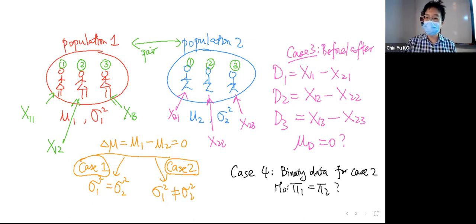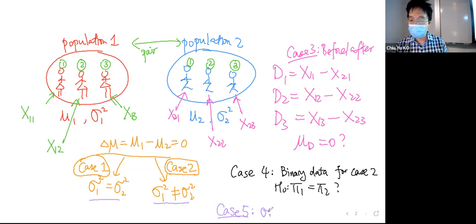And last, I mentioned the last scenario, case 5. Case 5 is the case underlying this. We want to see if the variance of group 1 is the same as the variance of group 2. Just check the variance.